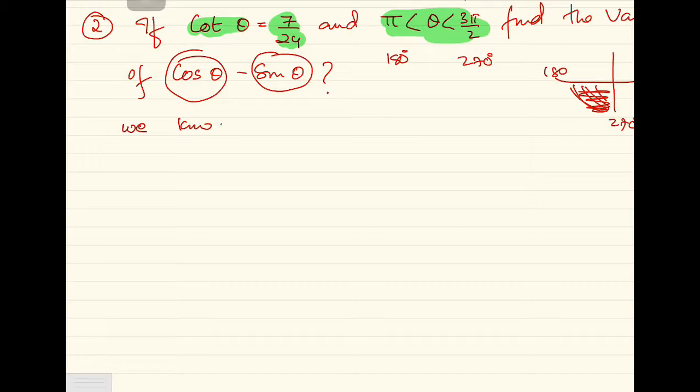Can I write 1 plus cot square theta equals cosec square theta? Do you know this, everyone? Yes, this is the formula. So under root 1 plus cot square theta will be cosec theta.